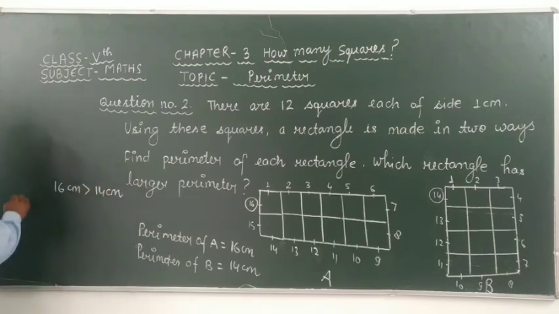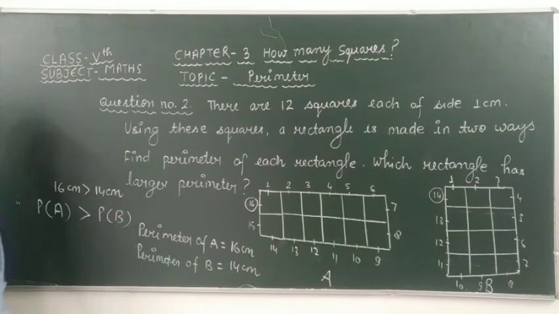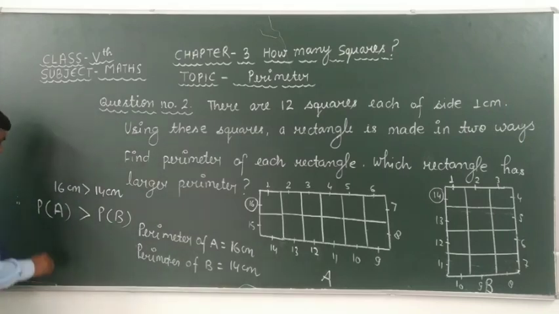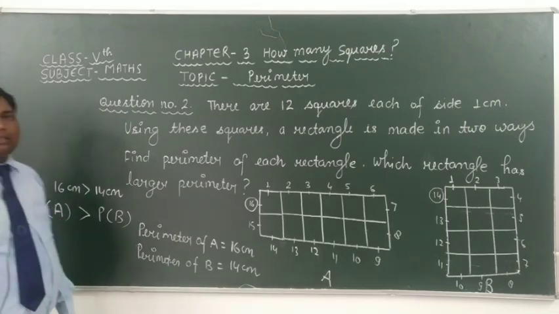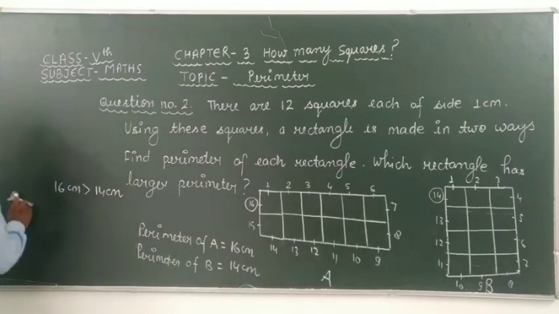Therefore, the perimeter of A is greater than the perimeter of B. Understand, dear students?